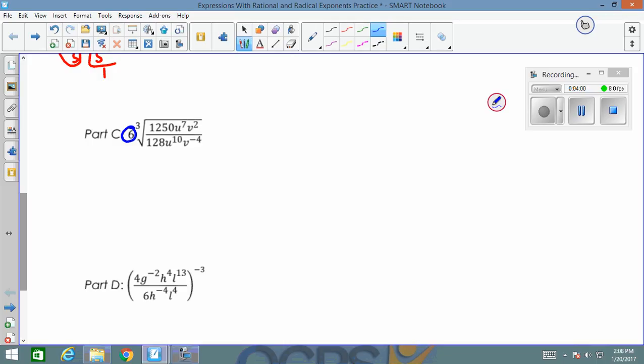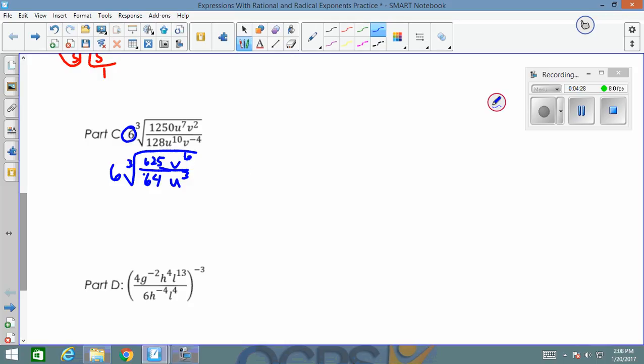So we're going to do it by 2 first. So it's going to be 625 over 64. Bring down the 6. And then for the exponents, we're going to subtract them. So 7 minus 10 is negative 3. So that means the b to the 3 is going to be down there. 2 minus negative 4 is 6, and the e to the 6 goes on top.